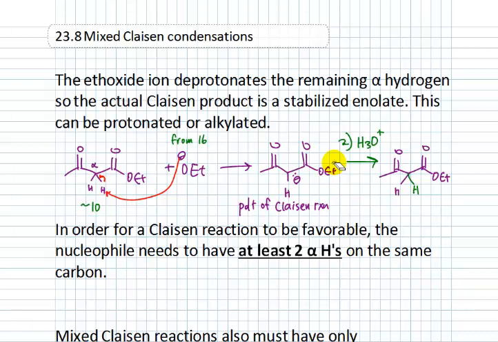So that means that in order for this to be favorable, the nucleophile needed to have at least 2 alpha hydrogens on that carbon. This one right here came from an acetate. This is ethyl acetate, so it had 3 alpha hydrogens. If we had only had 1 alpha hydrogen, for instance, here, let me draw one for you. This only has 1 alpha hydrogen.